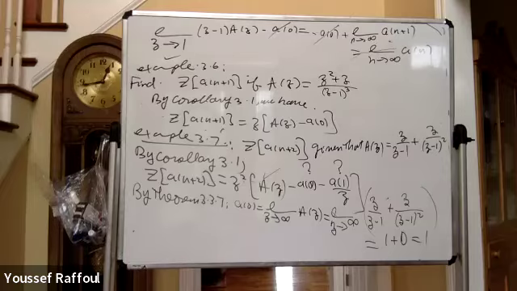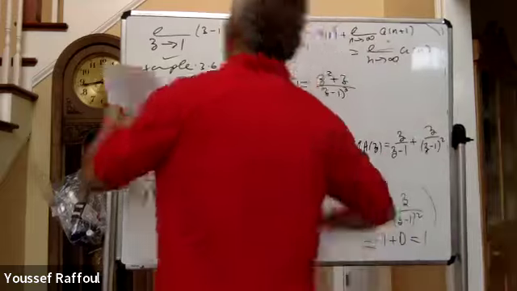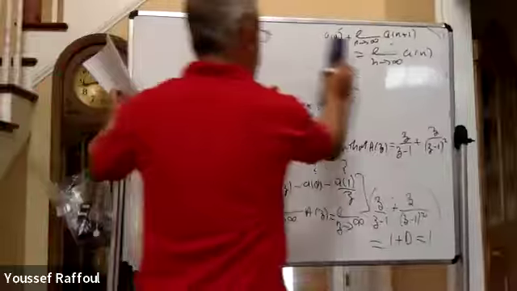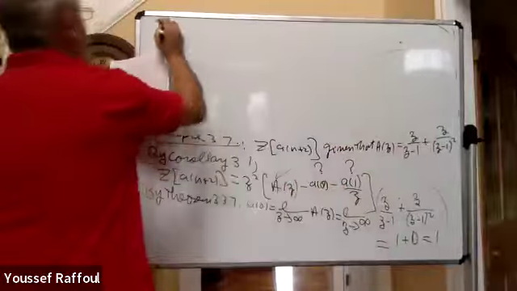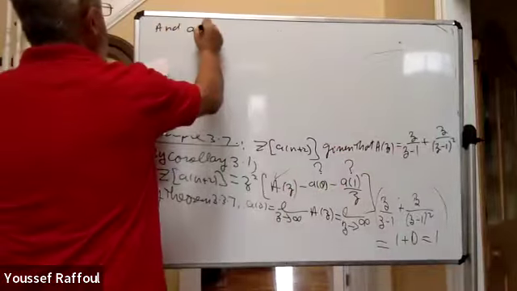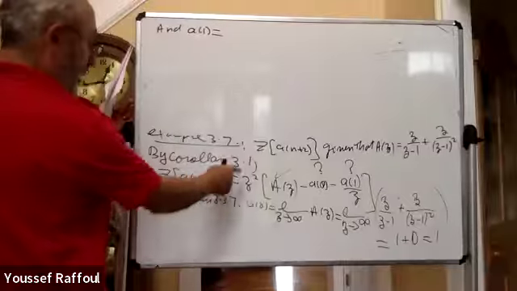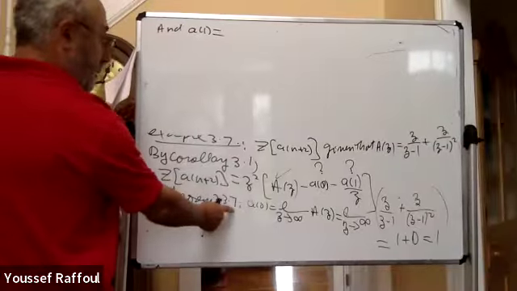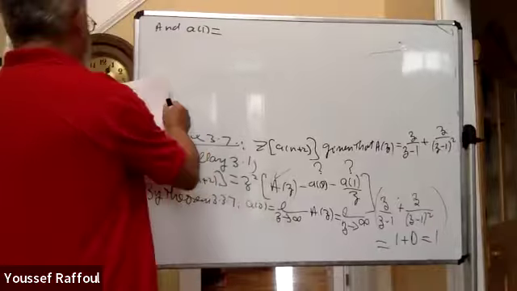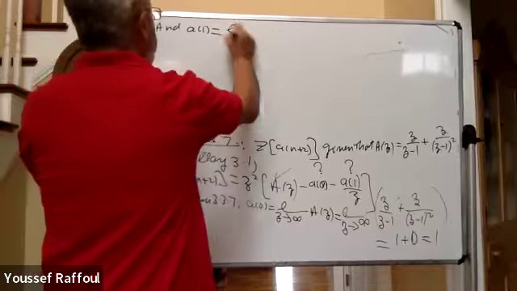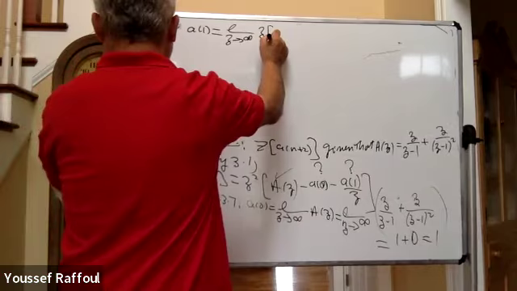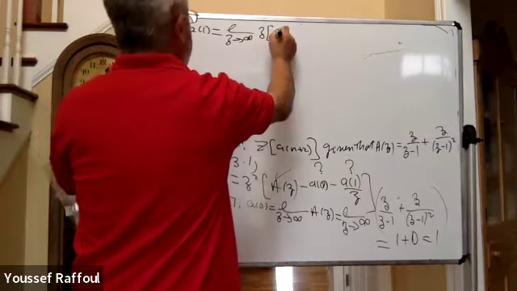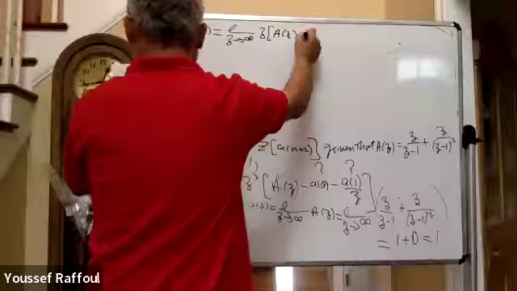So we need now a_1. I need a_1 again. And a_1, this is by the same corollary, sorry, by this one here. a_1 is the limit as z approaches infinity of z(A(z) minus a_0).